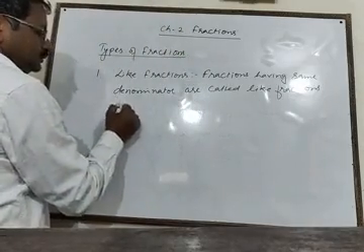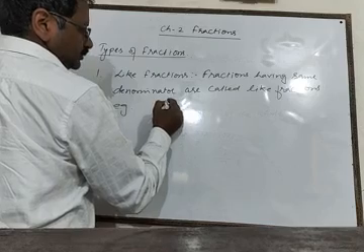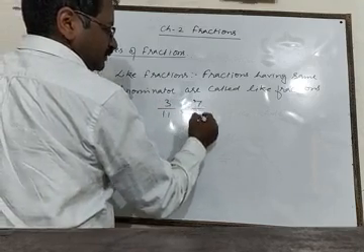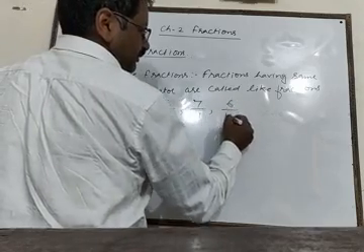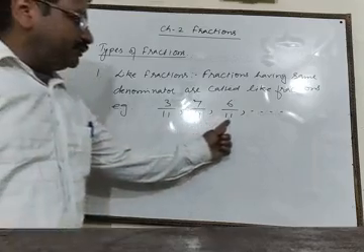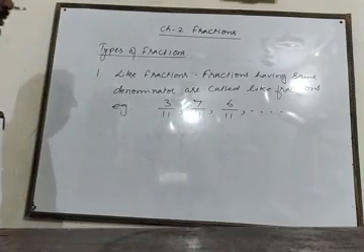For example, 3 upon 11, 7 upon 11, 6 upon 11, because they are having same denominator, so they are called like fractions.